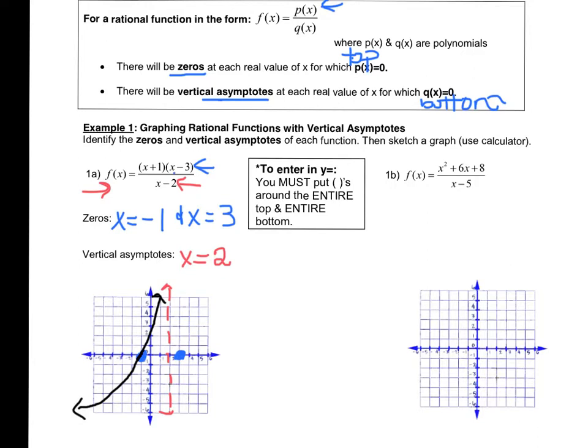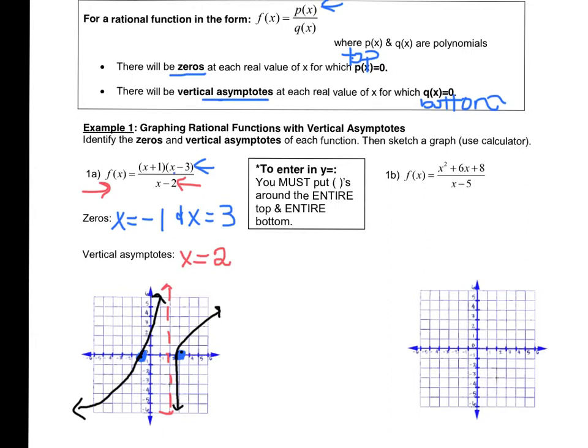It can approach it, it's just not going to cross it. So same thing over here. This one starts out close to the asymptote and then it kind of bends away. So that's a rough sketch of what you would see on the calculator, and I would accept this graph because I have my zeros clearly identified, I have my asymptote, and I have my graph not crossing that asymptote. So that would be an acceptable graph.